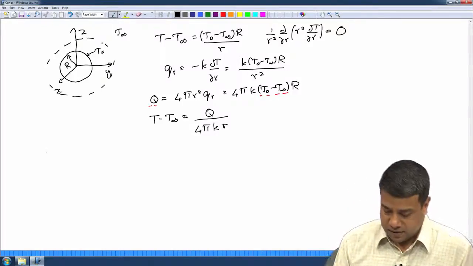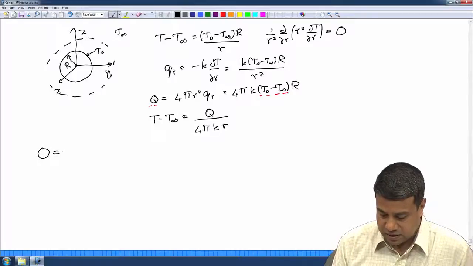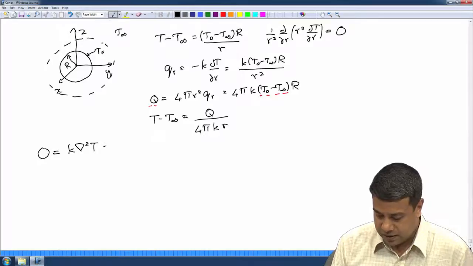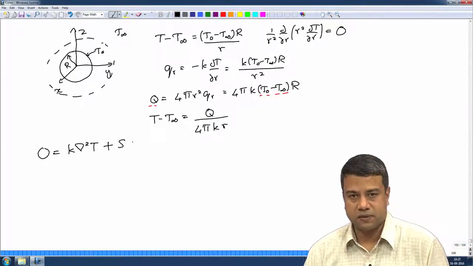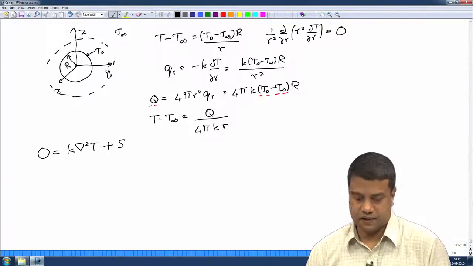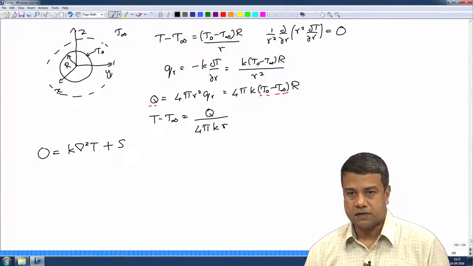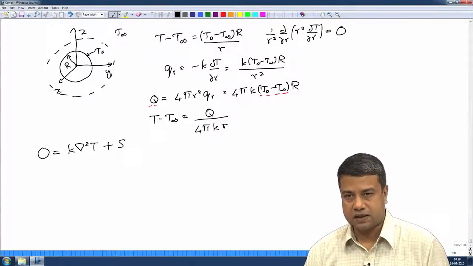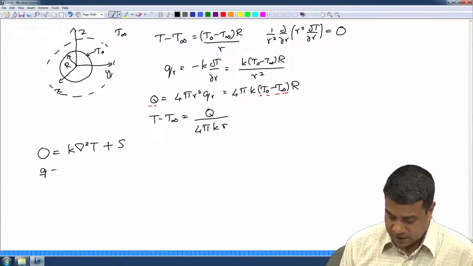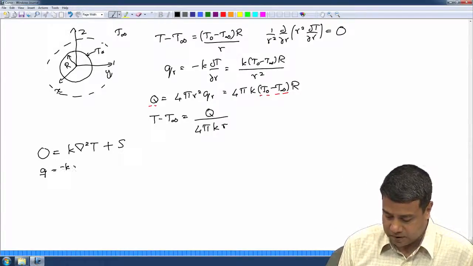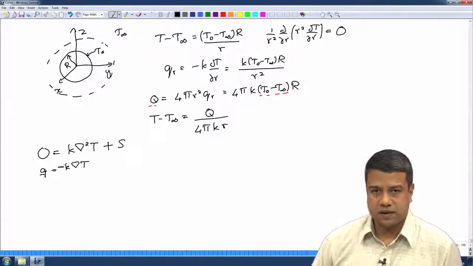First of all, if we have sources and sinks, the equation becomes k del square T plus the source is equal to 0. So, that is the equation when there is a source of heat. Alternatively, k grad T is the heat flux. You know that the heat flux Q is equal to minus k times grad T. This comes out of Fourier's law of conduction.